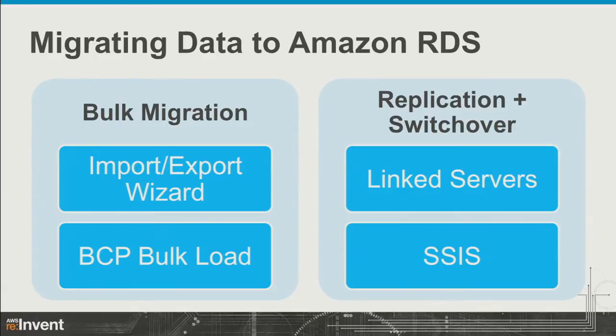But let me quickly comment on the individual boxes here. The choice of the migration technique will depend on the size of the database and whether you can put your database offline for the duration of the migration. The import-export wizard works great for smaller databases.